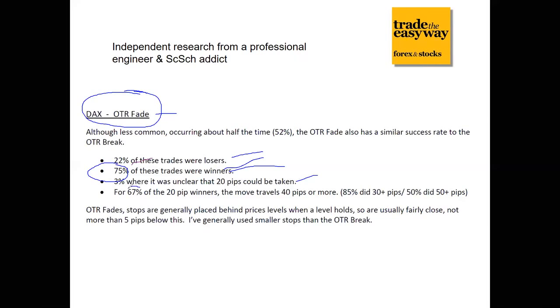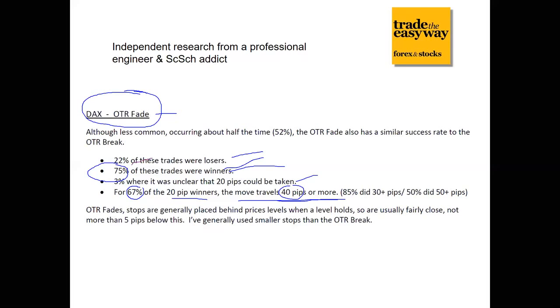And 67% of the 20 pip winners, the move travels 40 pips or more. So two thirds of the 75% of the trades, sorry, I'm getting too technical, aren't I? Did more than 40 pips. That's not my words, that's Dan's study.